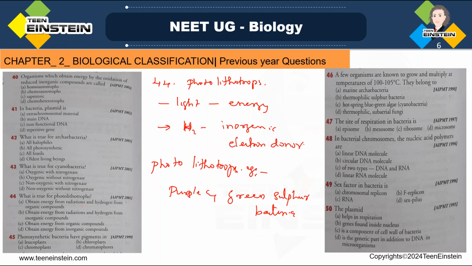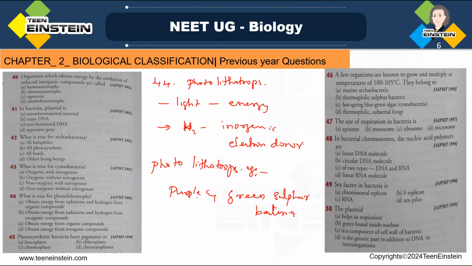The first option says they obtain energy from radiations and hydrogen from organic compounds. The second option is obtaining energy from radiations and hydrogen from inorganic compounds. The third option is obtaining energy from organic compounds. The fourth option is obtaining energy from inorganic compounds.